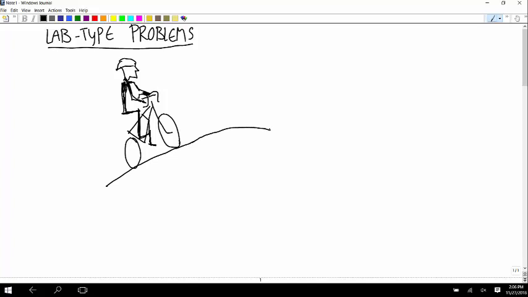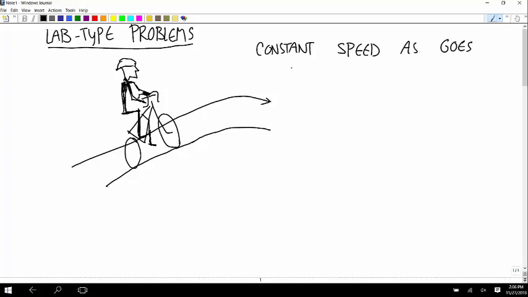Okay, so let's say this guy's going around this turn. It's a turn, that's supposed to be the idea. So let's say he keeps a constant speed as he goes around the turn.